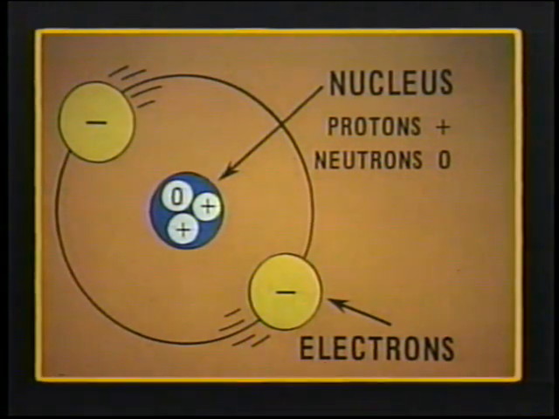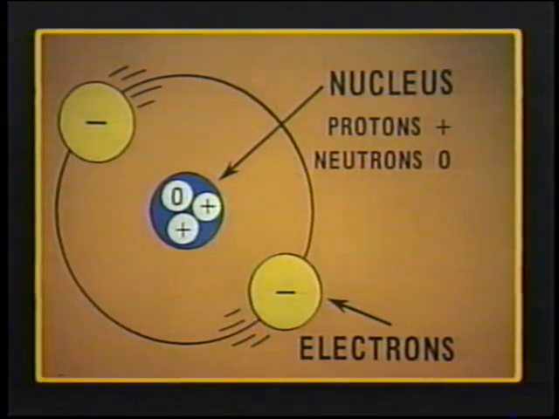To understand electrons, we must realize that all matter is made up of atoms. Similar to a tiny solar system, the atom has a nucleus of positively charged protons and uncharged neutrons. Negatively charged electrons, held by a strong attractive force, circle this nucleus.